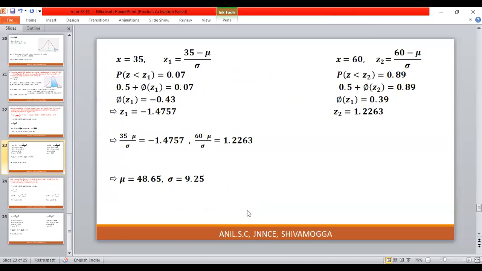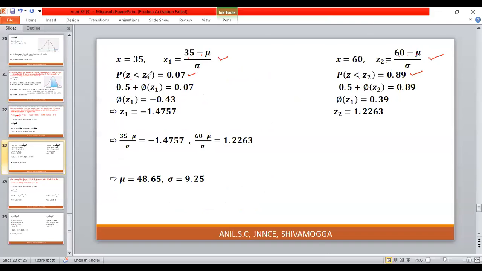That's what I have written here. P when Z less than Z1 is equal to 0.07 and P when Z less than Z2 is 0.89. Z1 is 35 minus mu divided by sigma and Z2 is 60 minus mu divided by sigma.